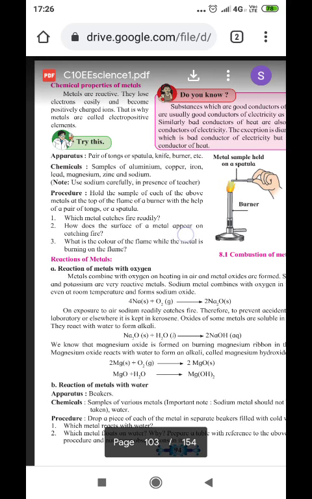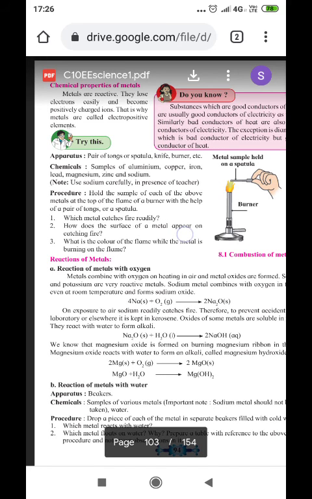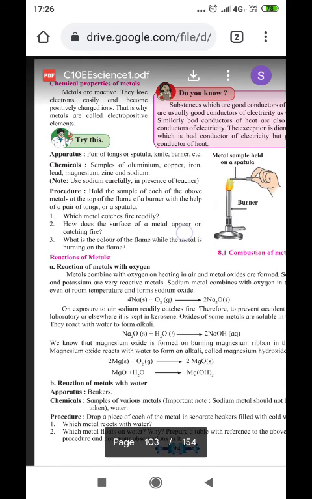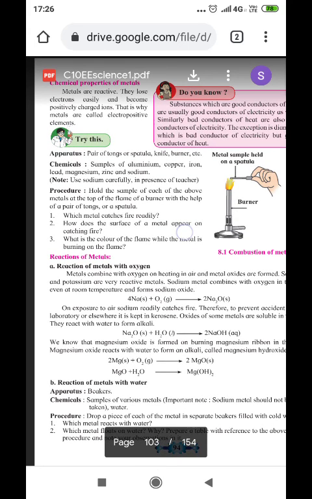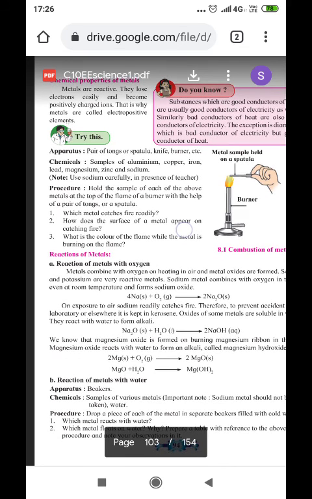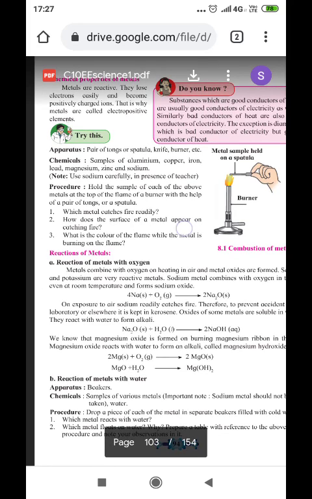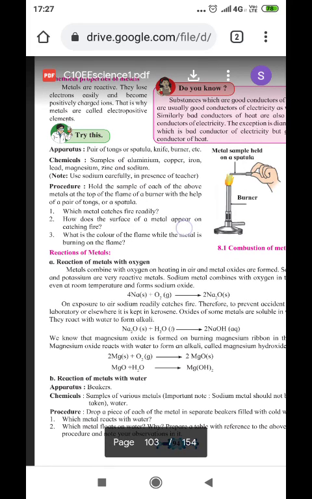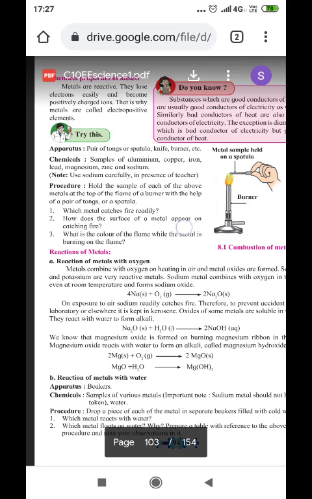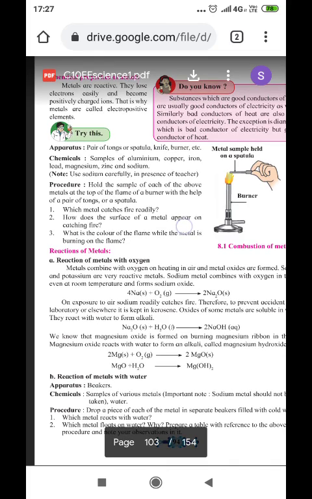In case of metals, the outermost orbit contains either 1, 2, 3 or 4 electrons, as a result of which they can easily donate the electrons, and as they donate the electrons to become stable, they acquire positive charge, and therefore they are called electropositive. And since they are really in need to become stable, they are very reactive. The lesser the number of electrons in the outermost orbit, the more reactive the metals are.